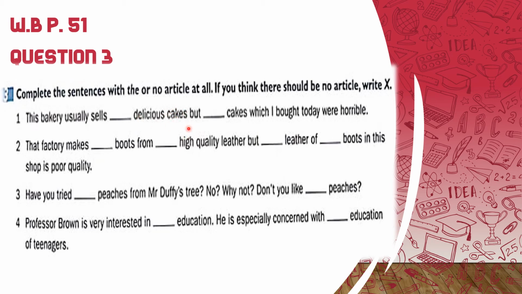Delicious cakes is mentioned for the first time, and this is a plural noun, so we have to put no article. But the cakes which I bought today were horrible. We know which cakes we are talking about, so here we have to put the.